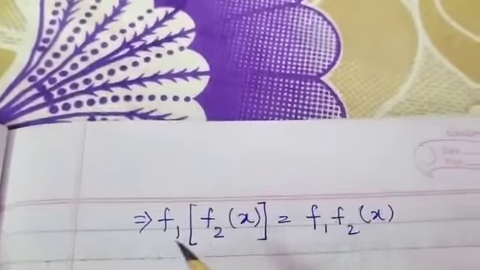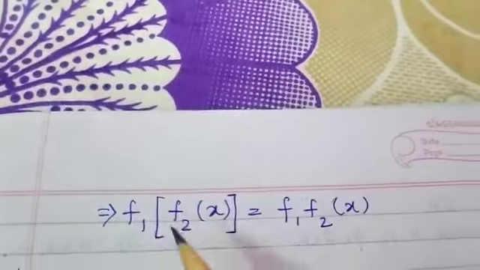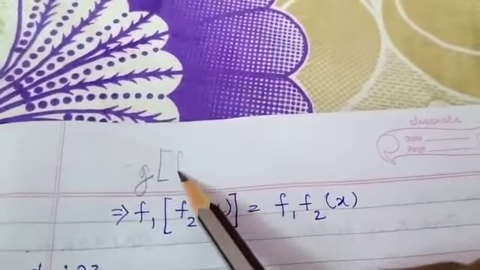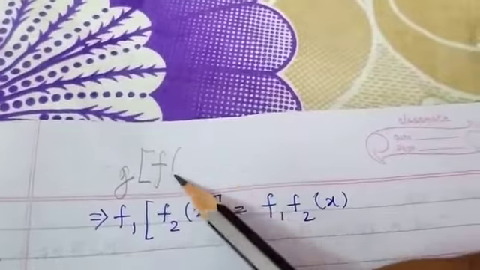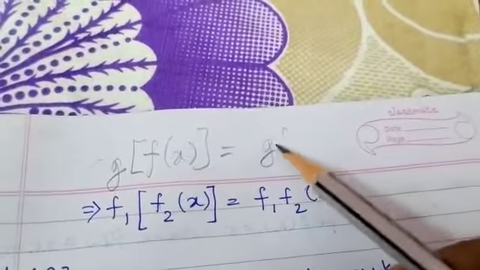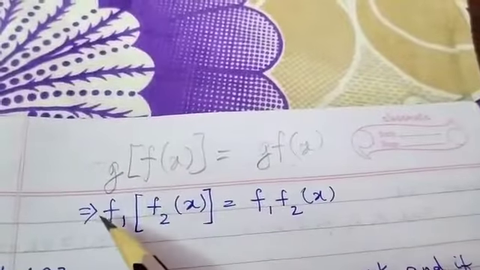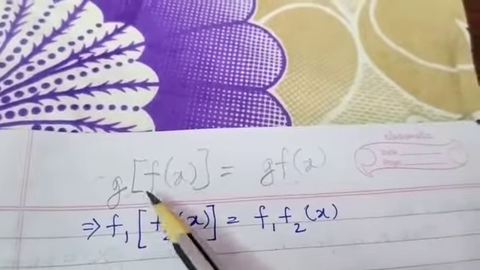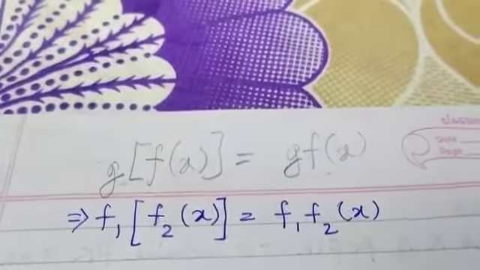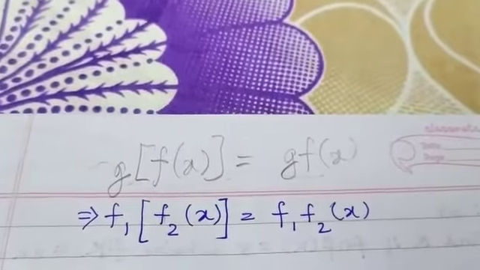Now I am just combining both functions, that is f1, which I already called g, and f2, which I already called f, so x equal to g of f of x. We already saw this in the earlier example. I have just converted g as f1 and f as f2. So this is our final answer, that is we have converted it into two functions.